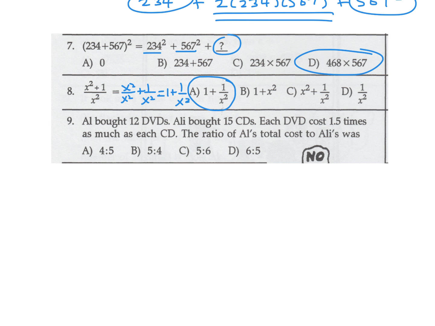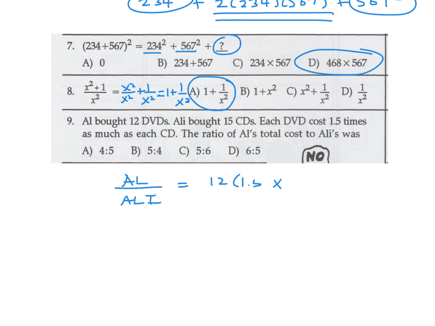Al bought 12 DVDs. Ali bought 15 CDs. Each DVD cost 1.5 times as much as each CD. The ratio of Al's total cost to Ali's was... So we have Al, we have Ali. And then for Al, it would be 12 times, well, we don't know. I'm just going to say it's X for the cost of a CD.